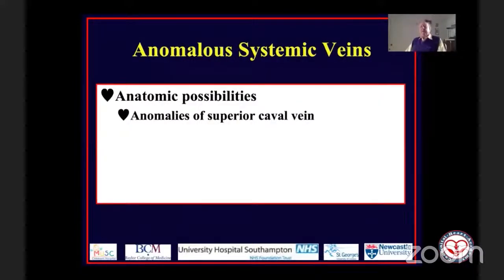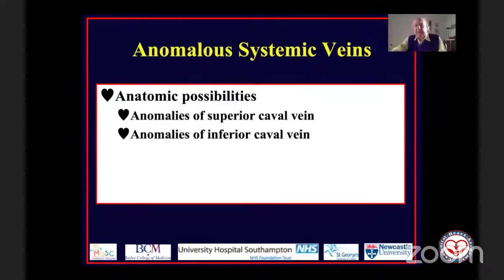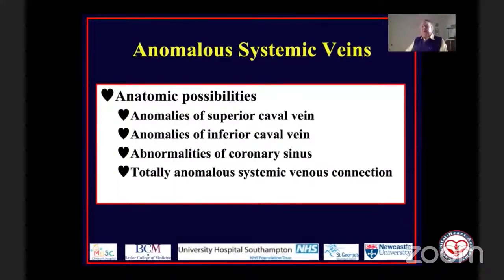So what are the possibilities? Since we know there are three venous tributaries, it follows we can have anomalies of the superior caval vein, anomalies of the inferior caval vein, and anomalies of the coronary sinus. Very rarely, all three can be anomalously connected, and that is what we call totally anomalous systemic venous connection.